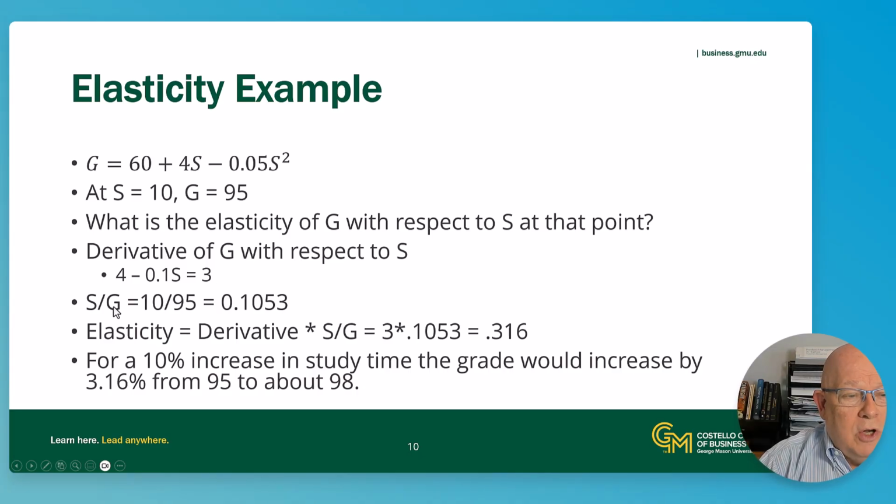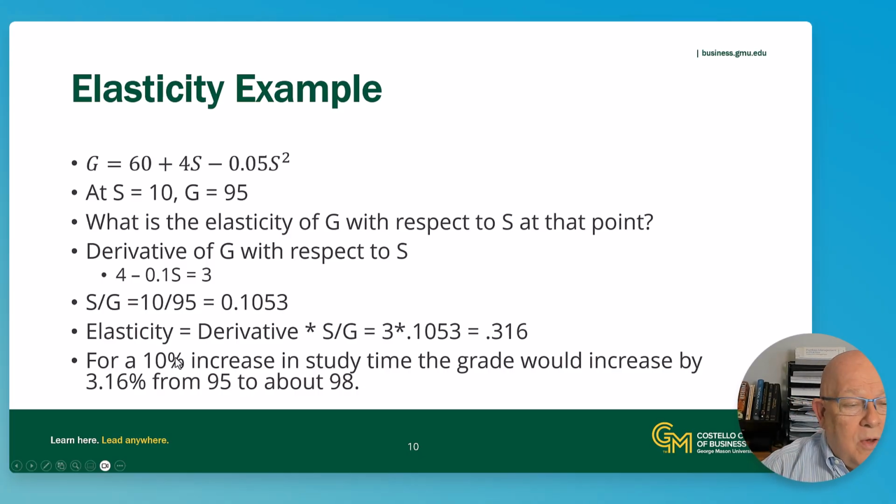And then we take the ratio of the number of study hours divided by the grade, which is 95, and we get a ratio of 0.1053. So elasticity is the derivative of 3 times the scaling factor, S over G, and that gives us an elasticity of 0.316. So basically, what elasticity tells you, if you have a certain percentage increase in study time, what's likely to be the percentage increase in grade.